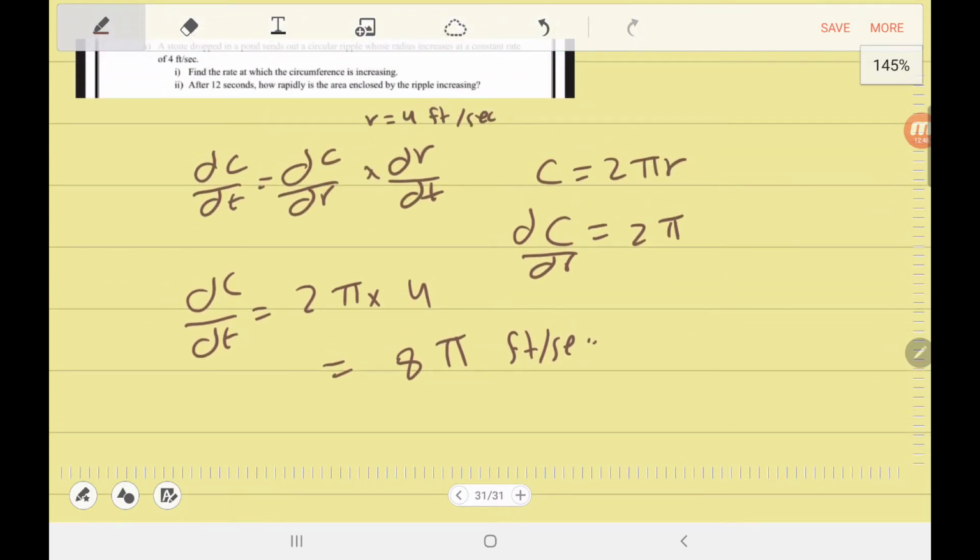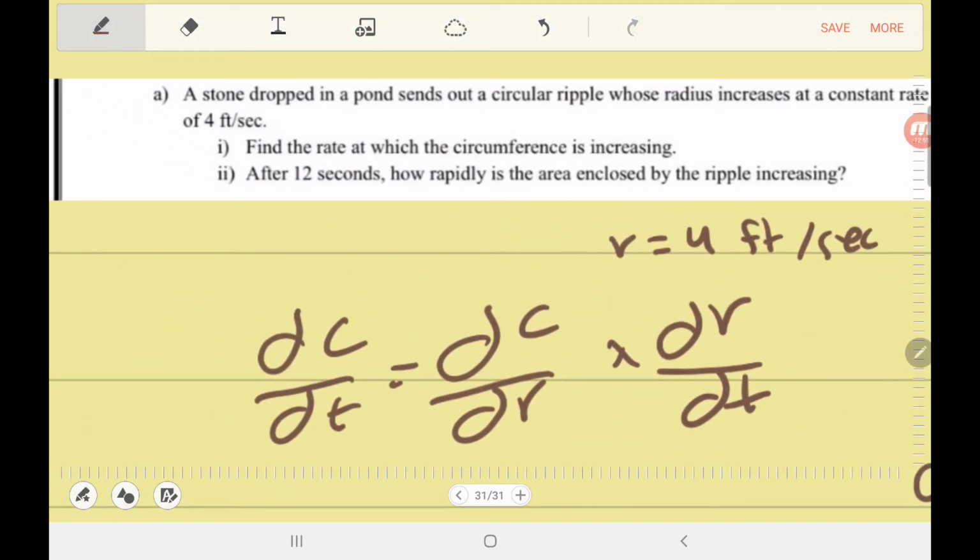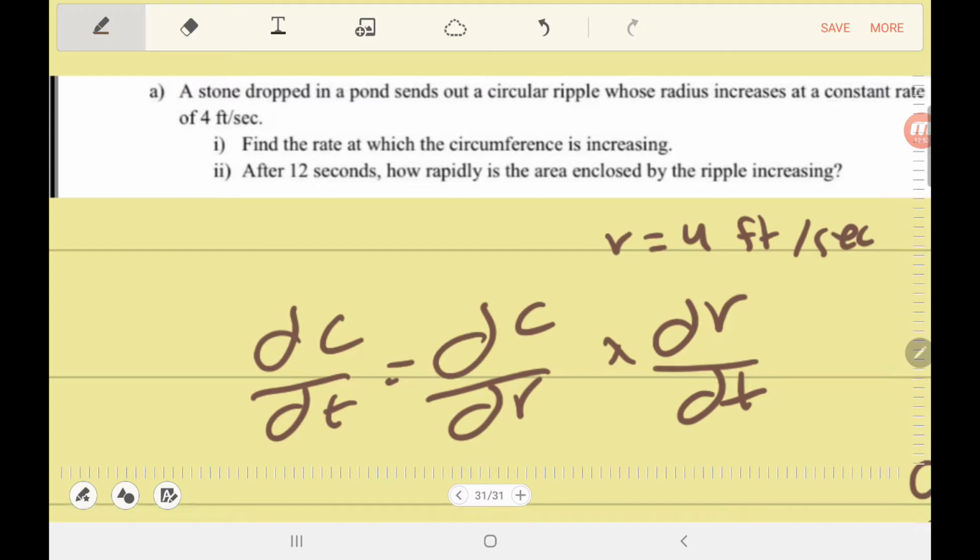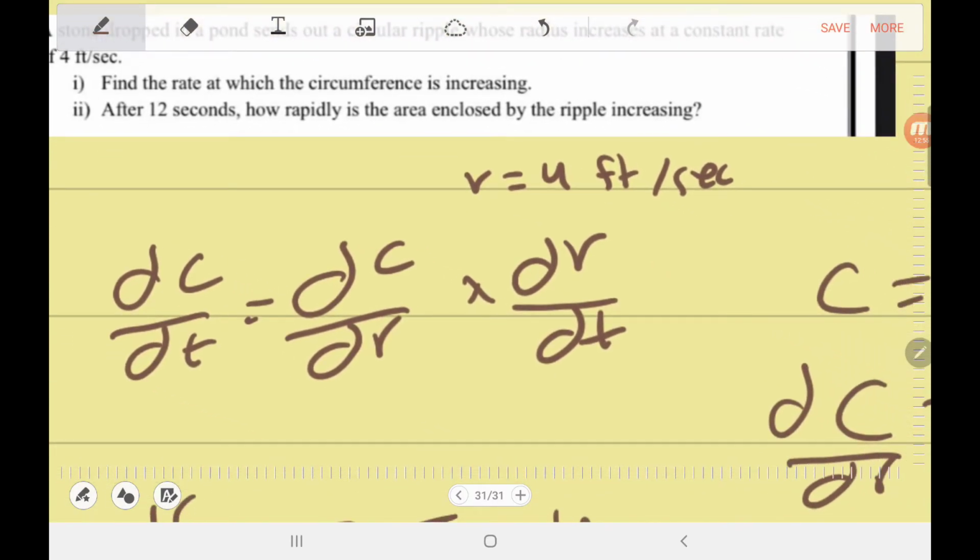That's the circumference. Now, after 12 seconds, how rapidly is the area enclosed by a ripple increasing?